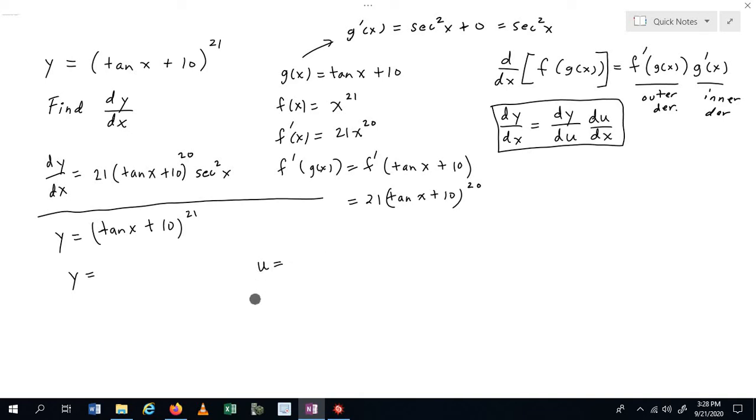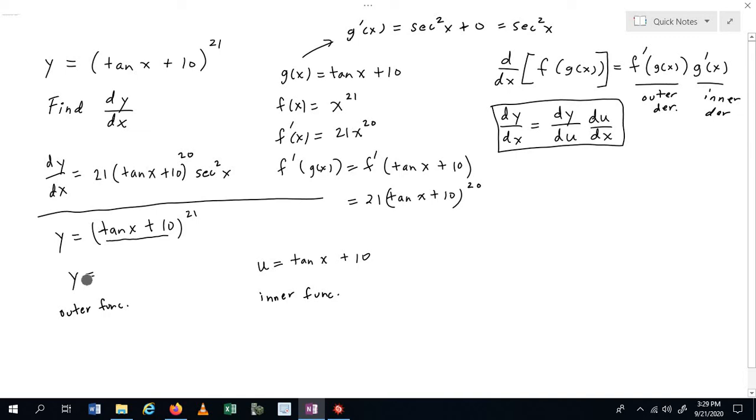And u is going to be the inner function, and this one's going to be the outer function. The inner function is tangent of x plus 10. And then the outer function would be u to the 21st power.